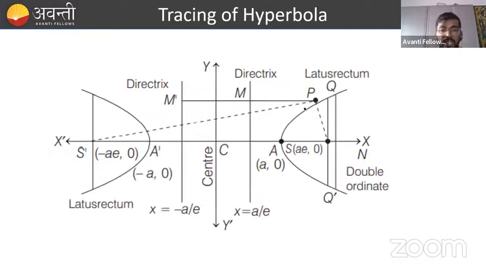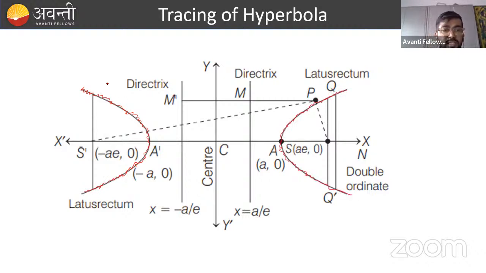Now you can see this diagram of hyperbola. The part that I am shading here with the orange, reddish marker, this diagram is a hyperbola. This is a hyperbola. This is a hyperbola.